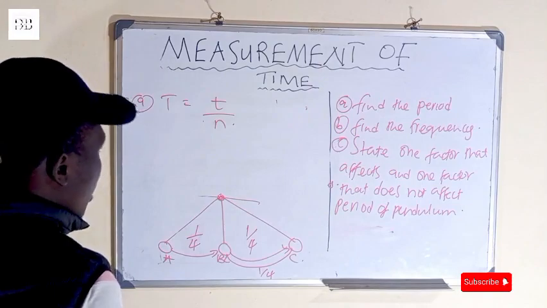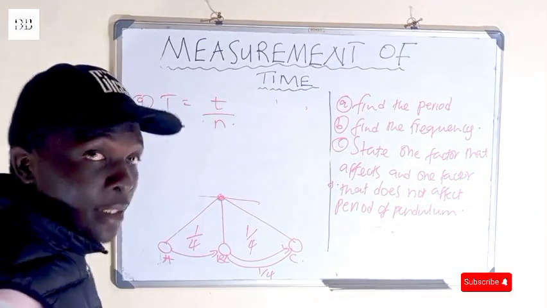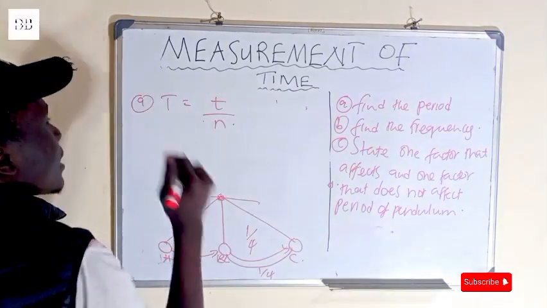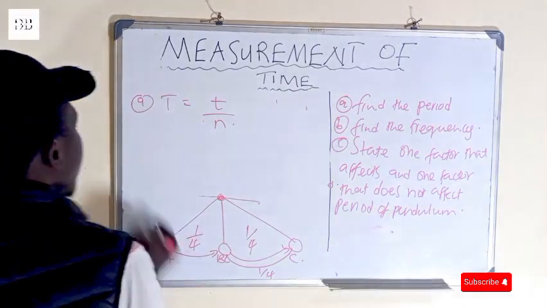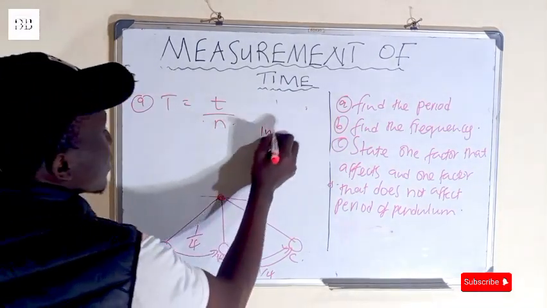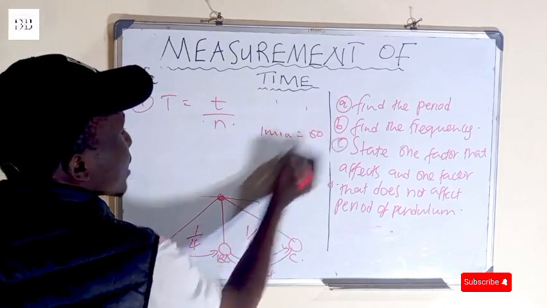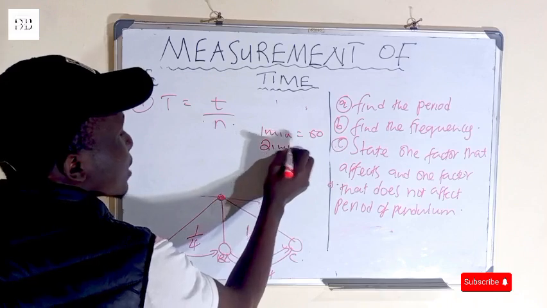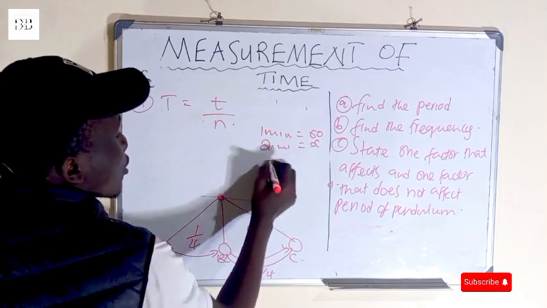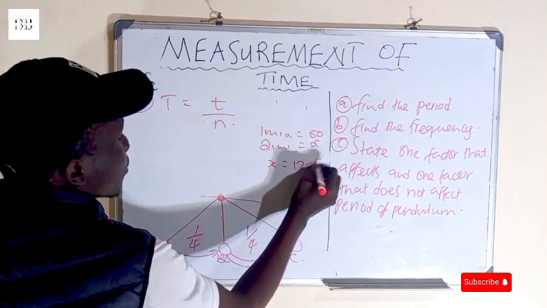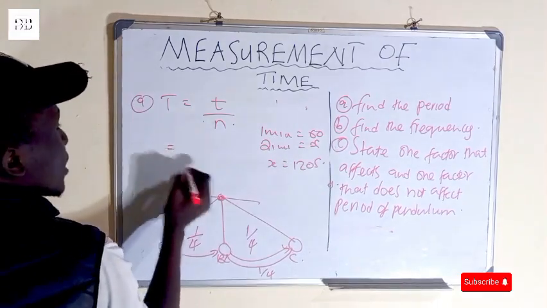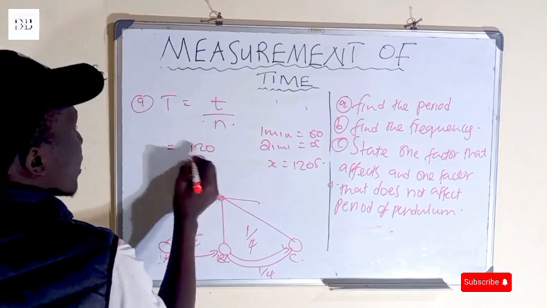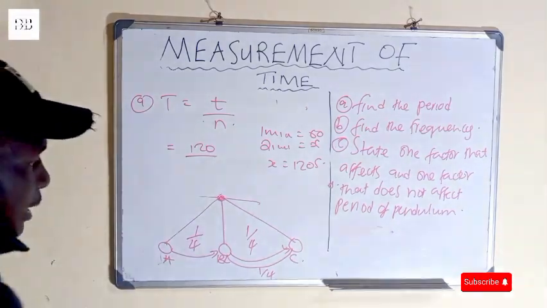How do we do it? If you want, you can use dimensional analysis, which I'll teach you after this simple pendulum. But what I'll just say is, if 1 minute is equal to 60 seconds, what of 2 minutes? That is equal to x. So x will be equal to 120 seconds. So our period is equal to time taken, 120, over number of oscillations.